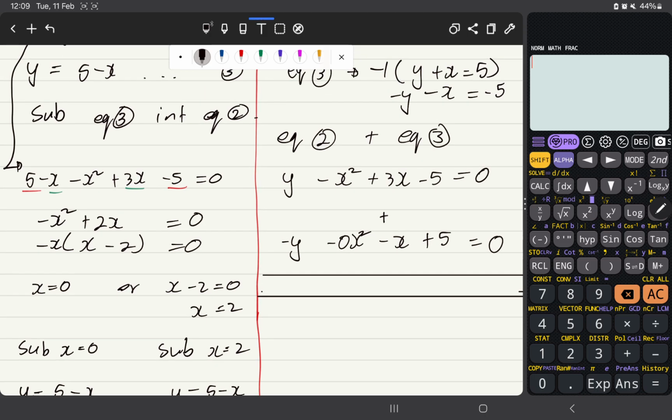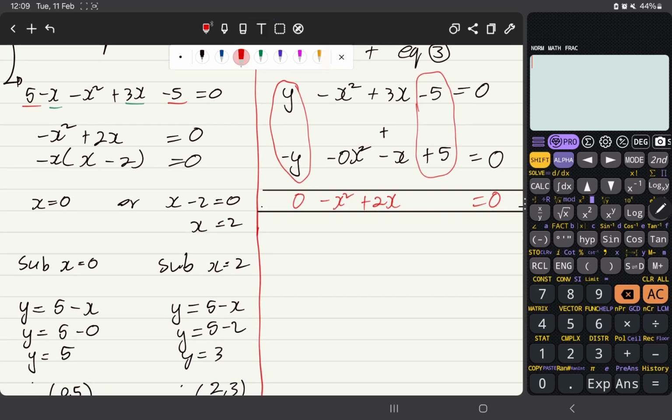So now y and y, they're going to cancel each other out, so it's going to be 0 here, and then x squared minus x squared, 0x squared, it will be minus x squared, and then for 3x, that will be plus 2x. And then the 5s are also going to cancel each other out, then I just have equals 0.